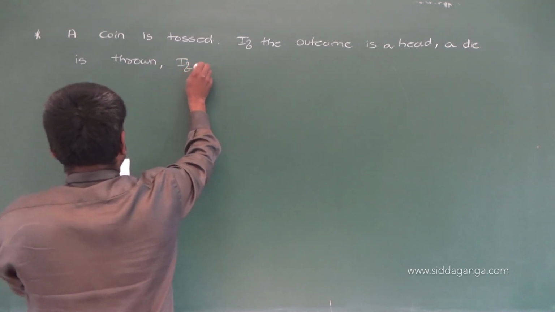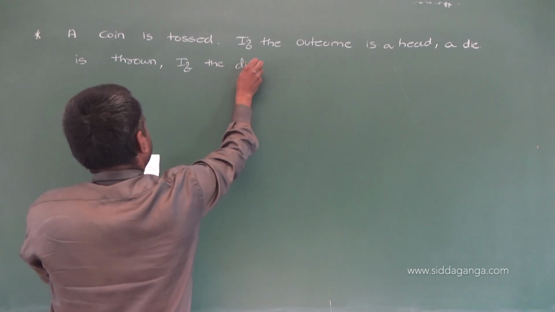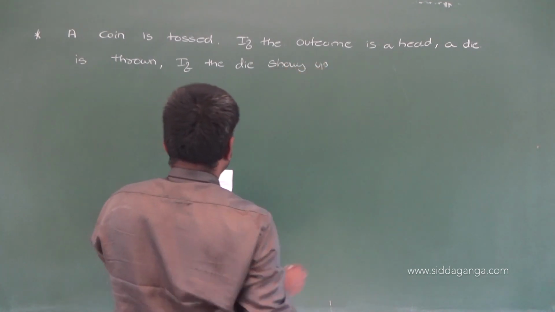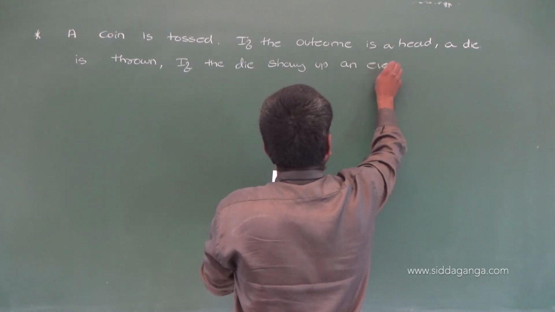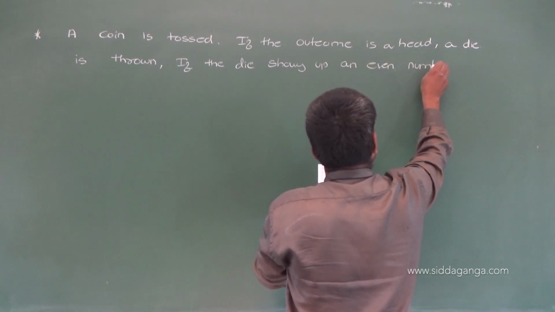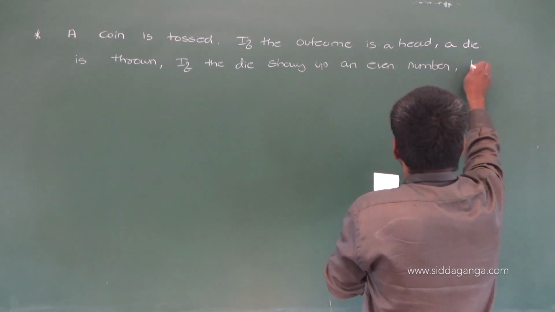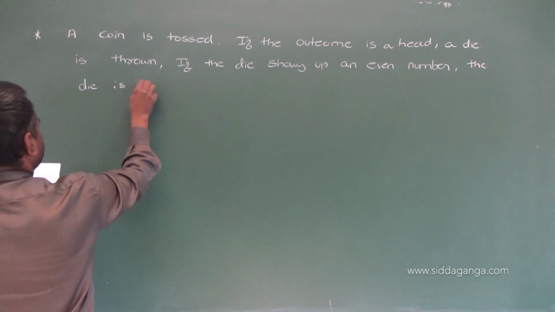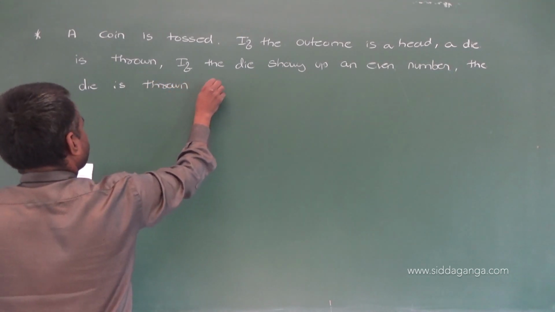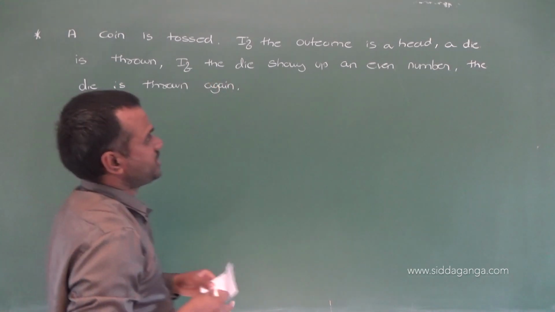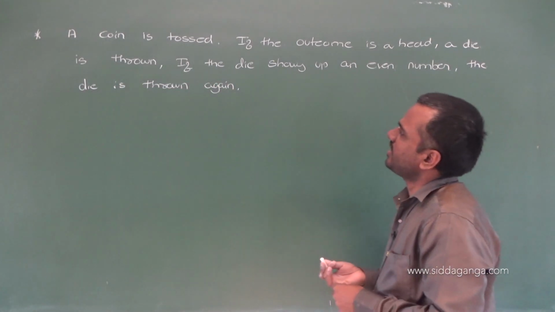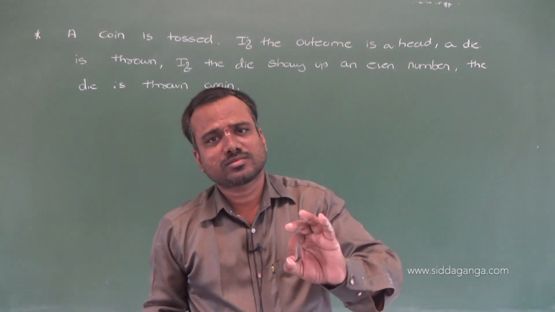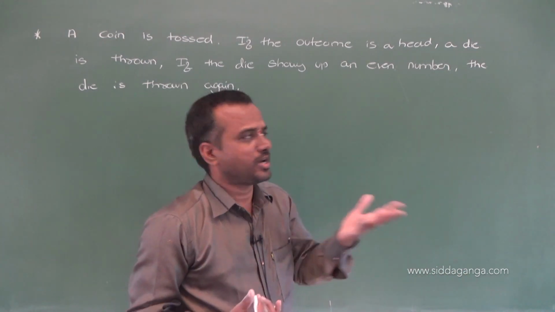If the die shows up an even number, the die is thrown again. This also you know very well. A coin is tossed, if the outcome is head, a die is thrown. If the outcome is tail, that is enough. No need to continue the experiment.